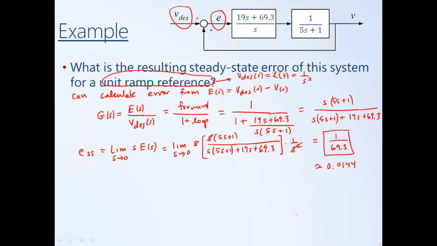Looking at this, how might we decrease the error? How could we choose our control gains to make the steady state error smaller? Looking at this, you may recognize the 69.3 as the value of Ki that we calculated. So by making Ki larger, we make this quantity smaller, we decrease the steady state error.